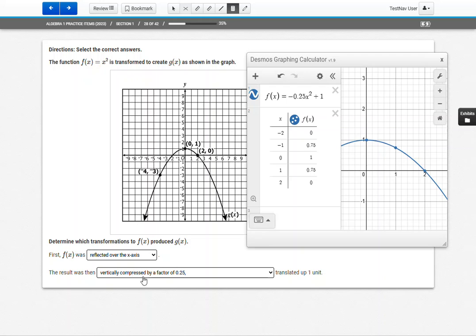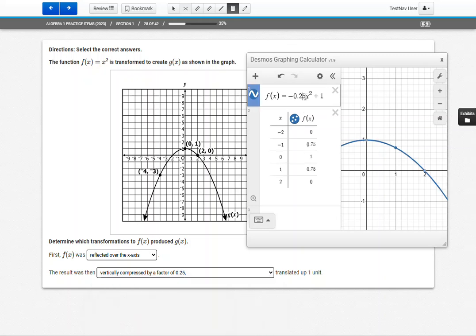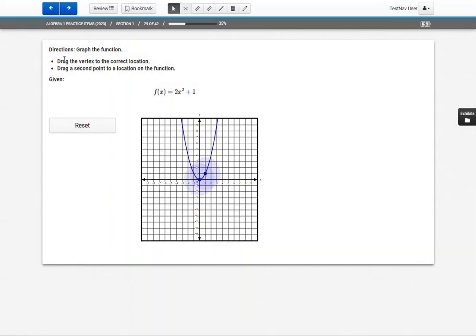So that's going to be a compression factor of 0.25. A stretch of 2 would make it look more narrow, but it did not get narrower, it actually got compressed. Okay. All right, next one.